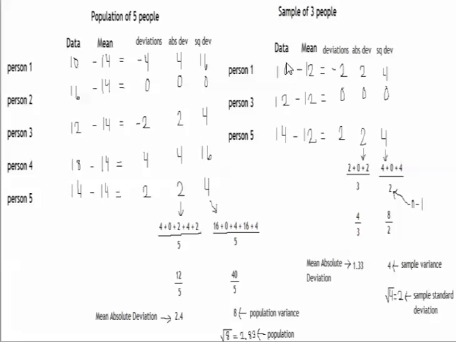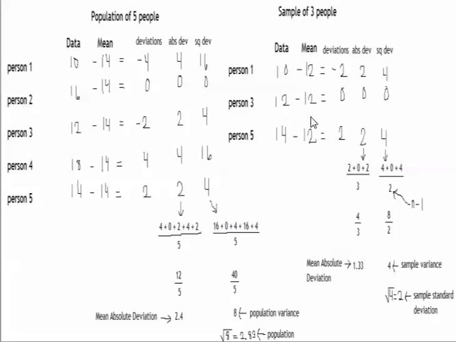Remember, when you're finding the mean of the sample, don't use n minus 1 yet, because you don't use it until later. Right now we're just adding the 3 data values and dividing by 3. We get the mean of 12.